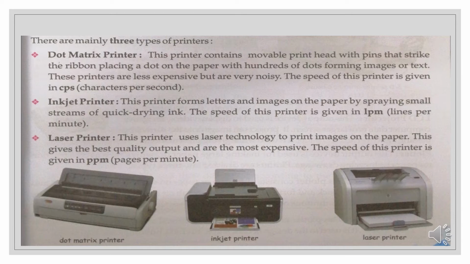How does the printing technology work in each printer? Let's move on to the dot matrix printer. In dot matrix printer, the printer contains a movable print head, and that movable print head contains some pins on it, and these pins are striking a ribbon. That ribbon places a dot on the paper.